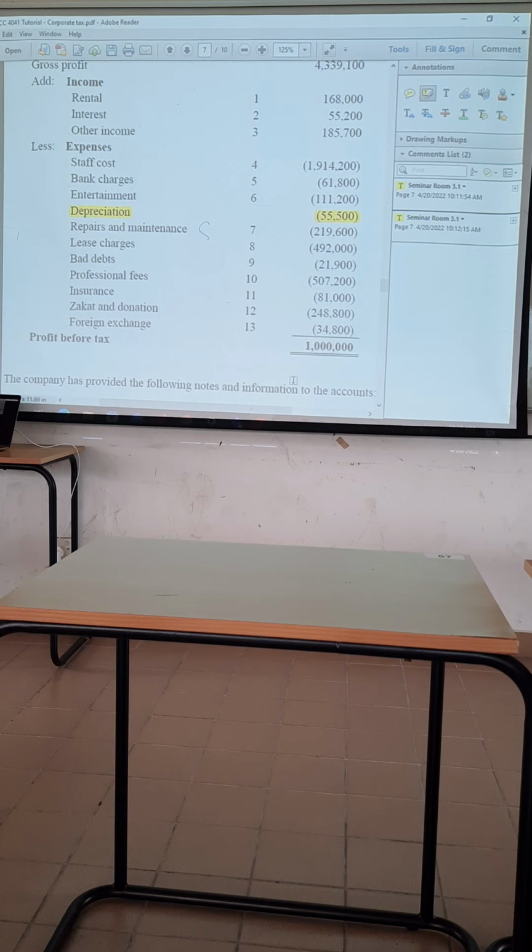If the expense is a non-deductible expense, for example, depreciation is not allowed. Why is depreciation not allowed? It's an expense, but it's not outgoing. Section 33 says expense, outgoing. Outgoing means that you have to pay for the expenditure.